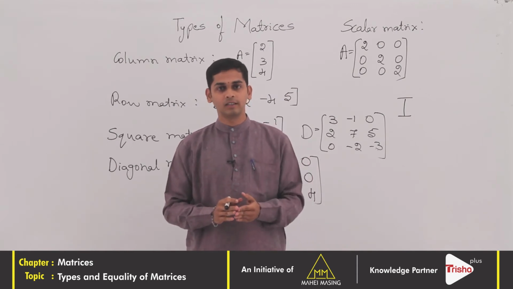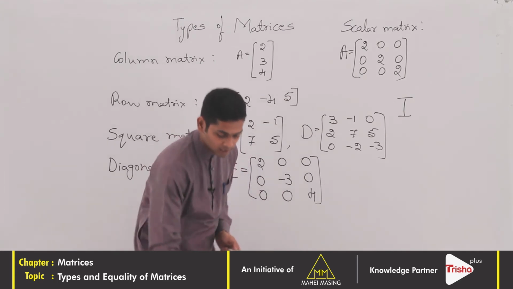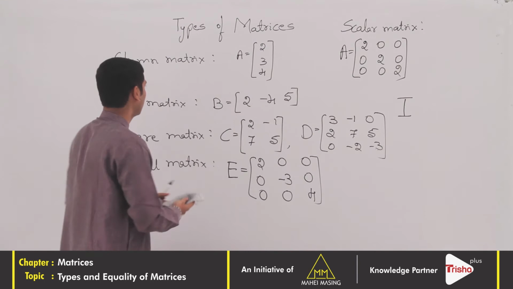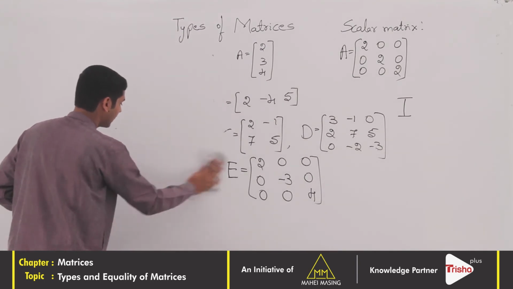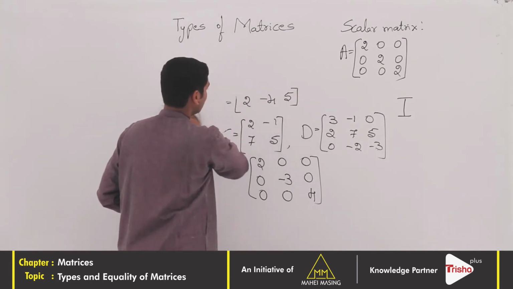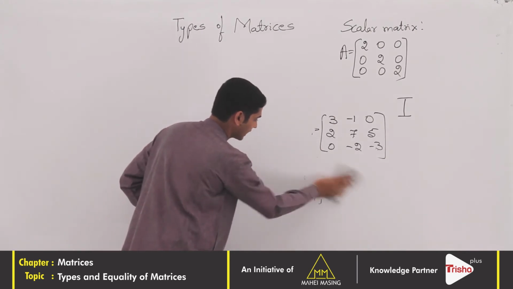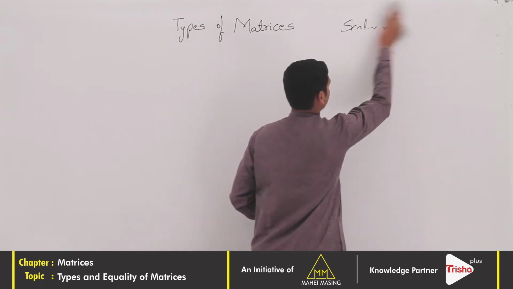One more type is the upper triangular matrix and the lower triangular matrix. So, triangular matrices. How to define triangular matrices? In triangular matrices, we have two types. The first type is the upper triangular matrix and the second type is the lower triangular matrix.